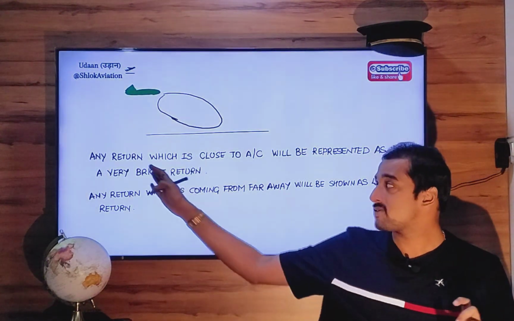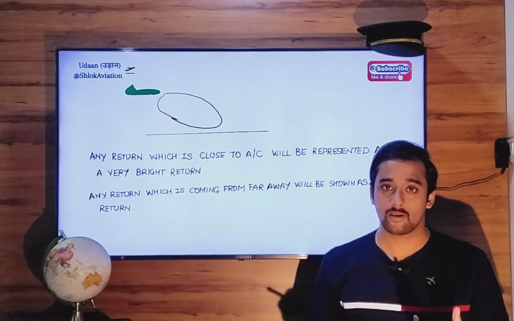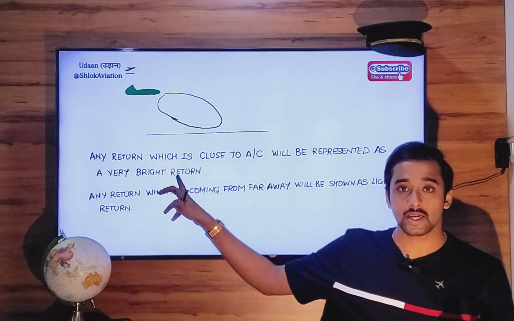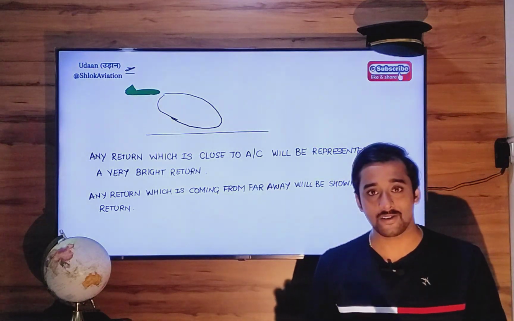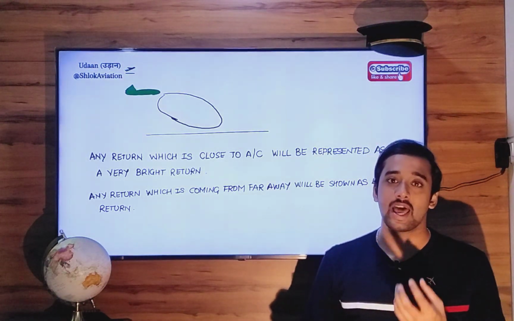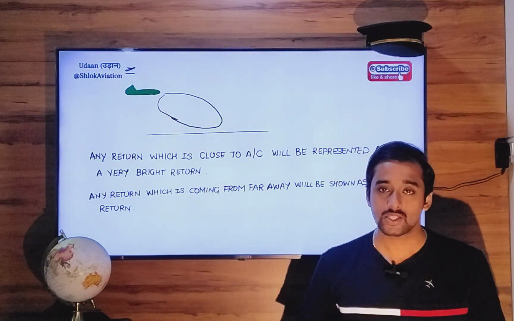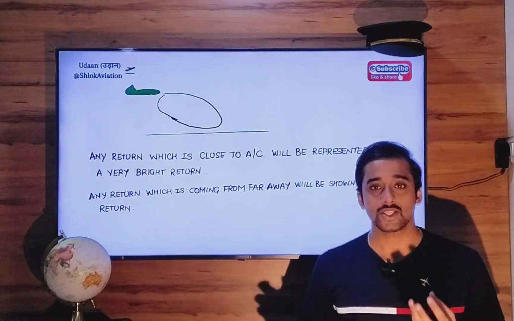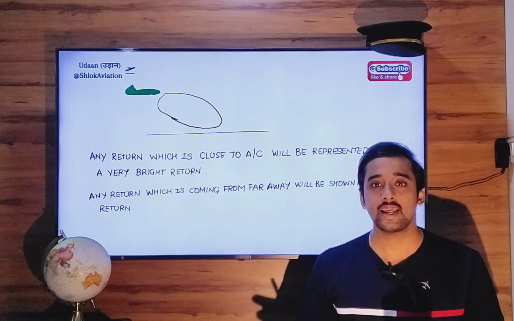Still, the target close to the aircraft is represented as a very bright return, but the target far away from the aircraft, although very important, is represented as a very light return, a light shade of color. Just because the target is far away from the aircraft, it is represented as an unimportant target or a very light return.